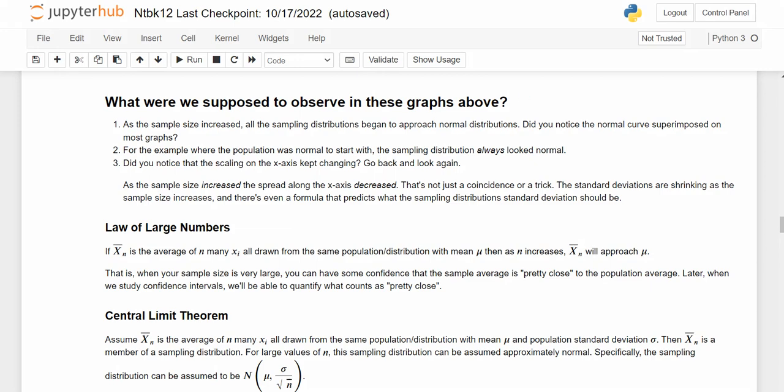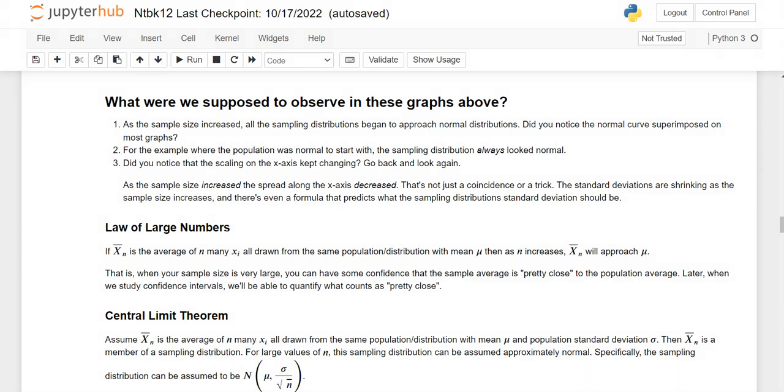And again, read this and understand this. It's what I've just said. All right, and then the law of large numbers, again, as the sample size increases, and when it's very large, you can have some confidence that the average is pretty close to the population average, okay? And again, we can quantify that, but let's just say when we use a large sample, we get a pretty accurate estimate.